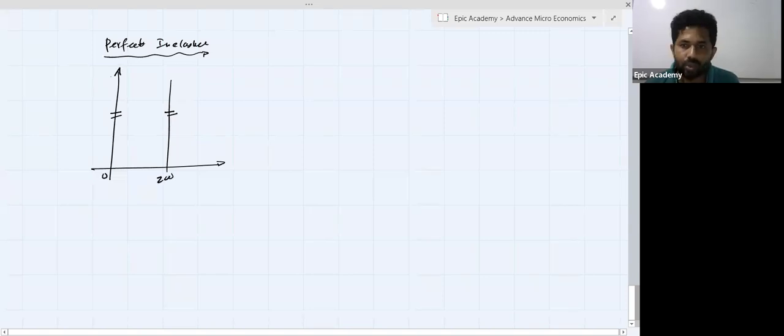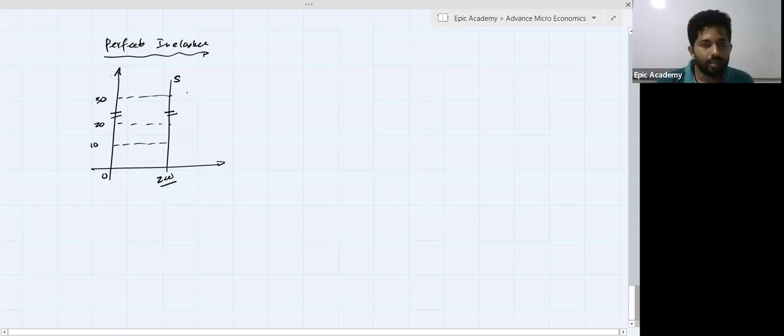Quantity is always 200. The price can be changed 10 to 20, 20 to 30, but there is no response from the quantity of supply. Always the same value. So if the supply curve is a parallel line to the price axis, it represents perfect inelastic supply.